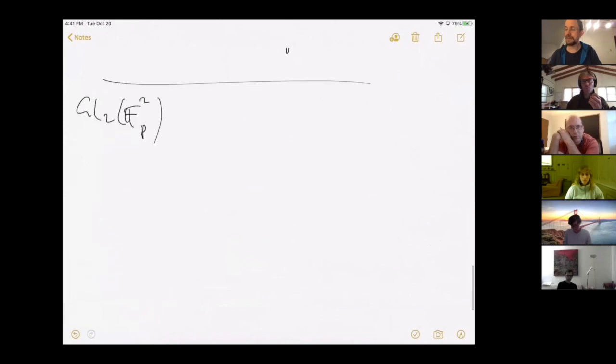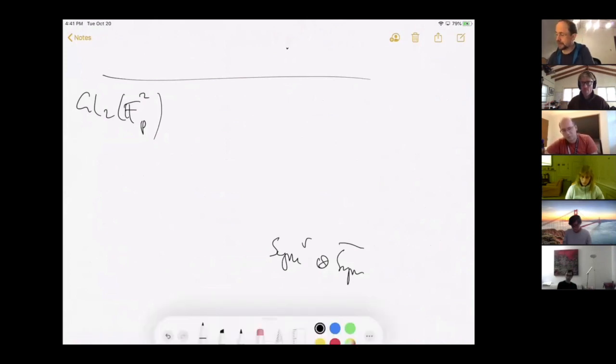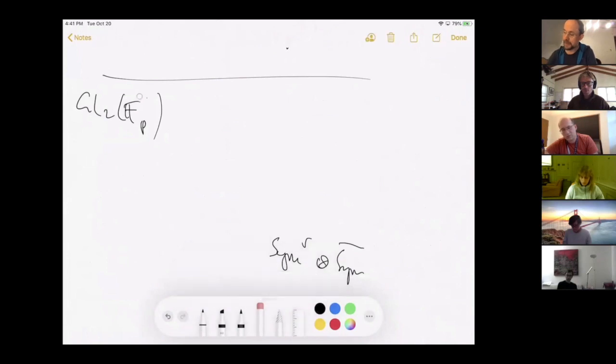But something marvelous happens for GL2(F_p squared), because a typical highest weight representation will be, I'll just write Sym, since I'm doing F_p squared. Sorry, I don't know why I wrote the square up there. Hope that wasn't too confusing, because I certainly meant to write the square here. I'm doing a finite field of order p squared.